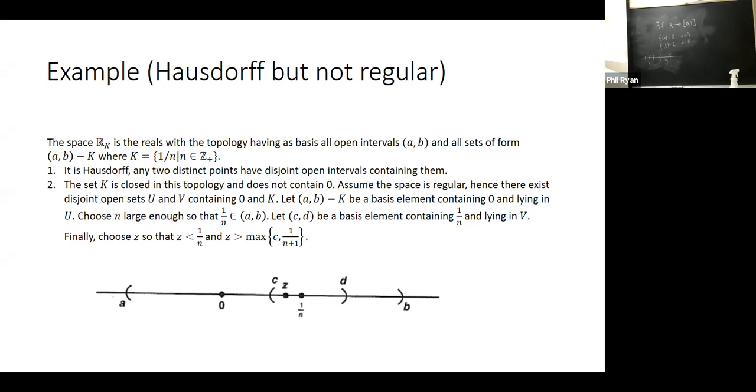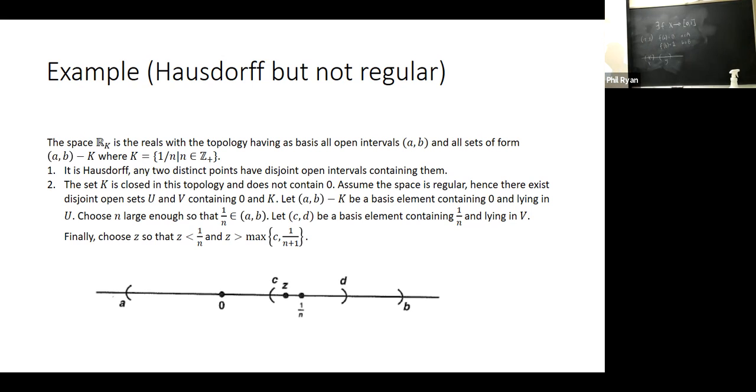Let (a, b) minus K be the basis element containing 0. There are two possibilities for the basis element. It could be of this type or of this type. But it can't be of this type, because an open set (a, b), like minus epsilon to epsilon, is going to contain things of the form 1 on n. So it has to be of the type (a, b) minus K.